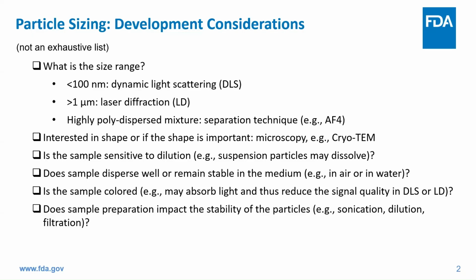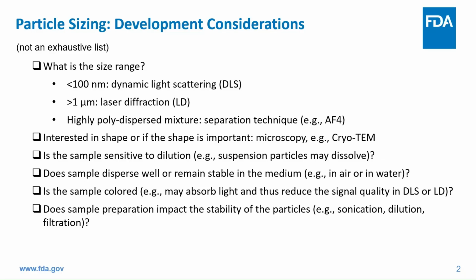Typically when we are looking at larger particles, it's whether they will settle down. Certainly increasing the stirring speed can overcome that problem, or if the particles aggregate, then by sonicating, you can keep the particles from coming too close to each other and remain a good dispersion, which allows the measurement.